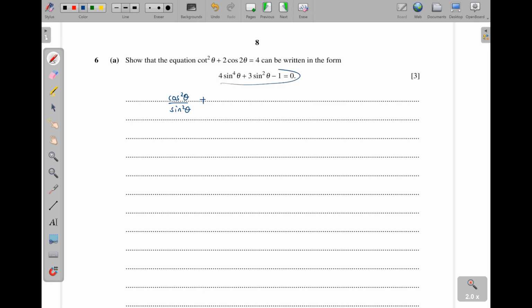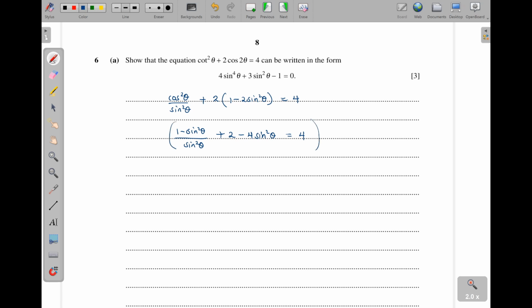Then plus, since it is in terms of sine, cos 2 theta is the same as 1 minus 2 sine squared theta. You can check for it in the list of formulae, it is there. Then minus, this one will be equal to 4. So opening the brackets, even this one I will express in terms of sine, so it is 1 minus sine squared theta using the Pythagorean identity, over sine squared theta, then plus 2, then minus 4 sine squared theta, which is equal to 4.